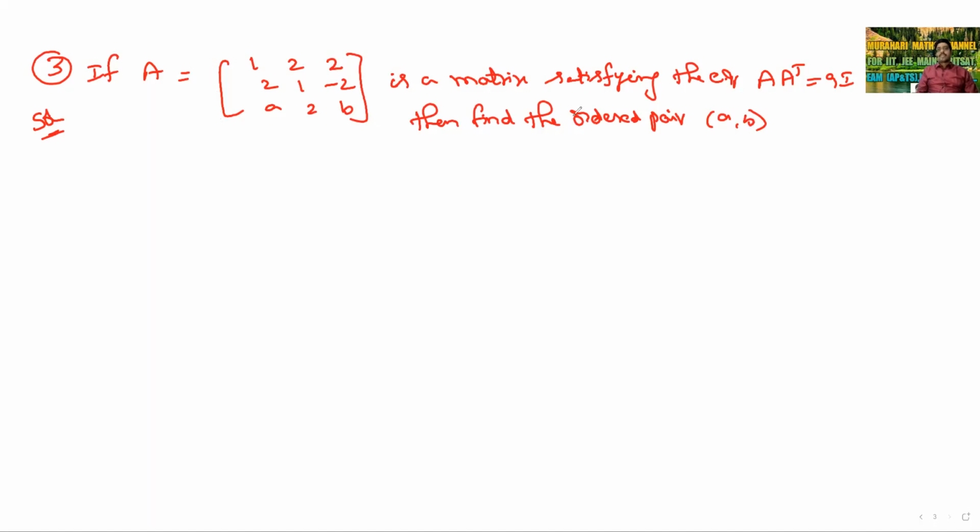So what is given? A into A transpose equal to 9I is given. A into transpose of A is equal to 9 into I. But what is A?